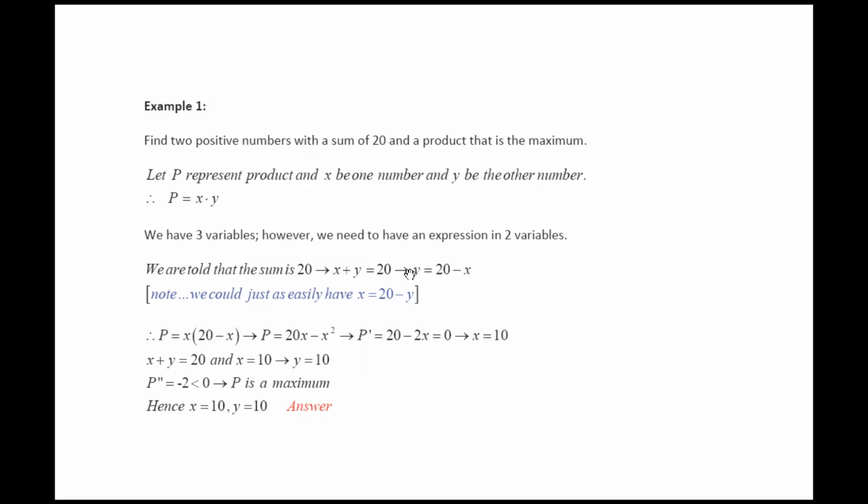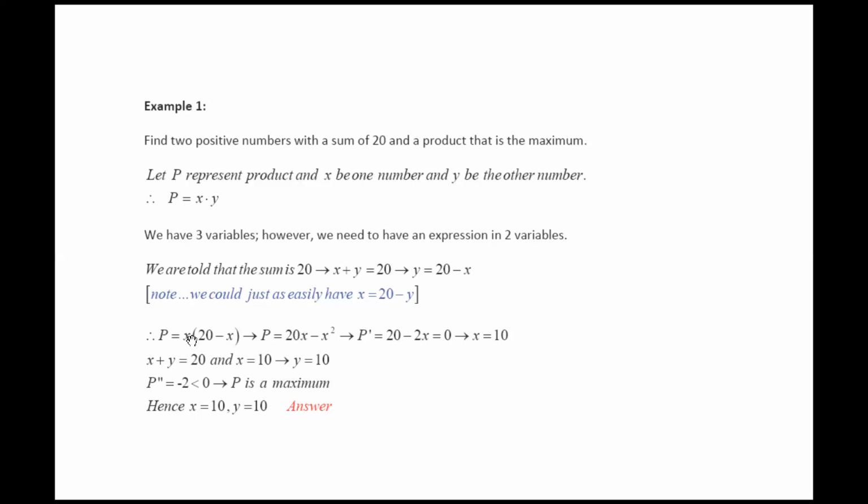Now what that means is that we're going to take our equation that we've developed, P equals X times Y, and in the place of Y, we're going to substitute 20 minus X. So we have P is equal to X times (20 minus X), and we need to find P prime. Now, you can, but I would suggest not using the product rule in this situation.